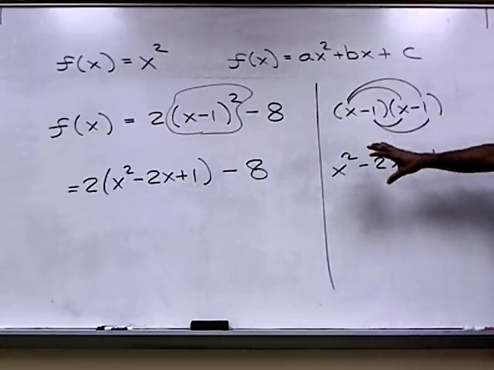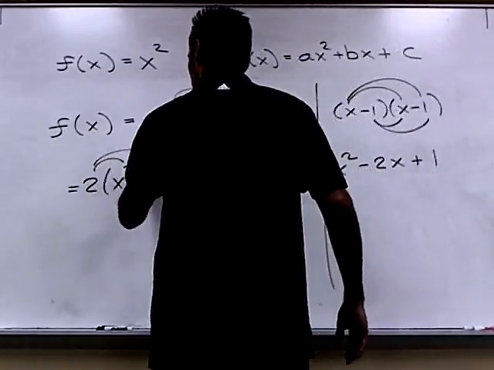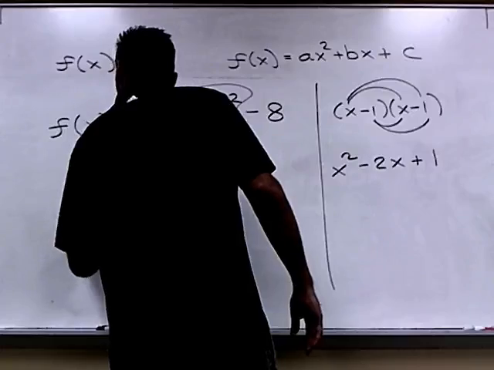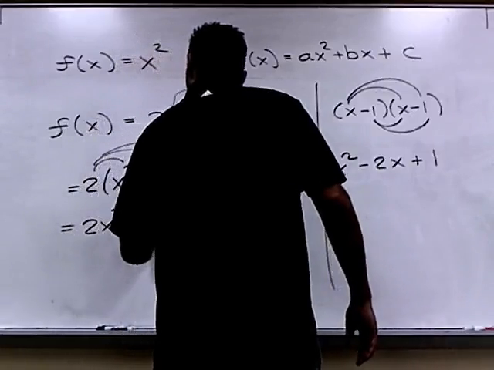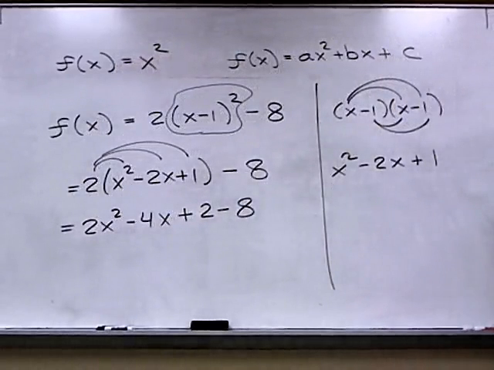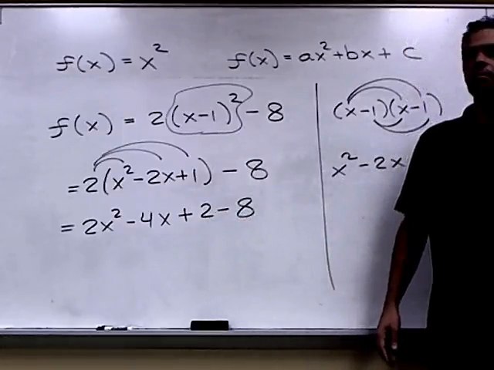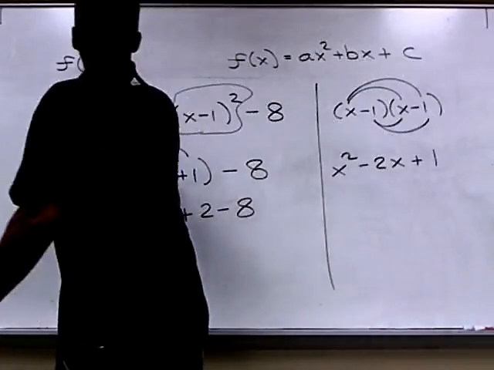Now distribute the 2 through the parentheses. Are there any questions on what I did there? Distribute the 2 through the parentheses. And you get 2x squared minus 4x plus 2 minus 8. We're almost there. Combine like terms, so I can do 2 minus 8 and get negative 6. And I'll just write this up here.